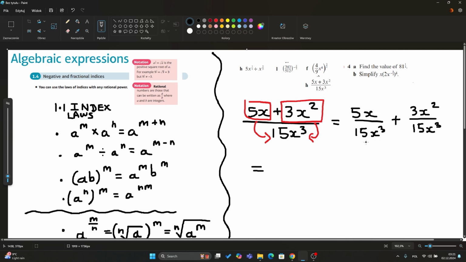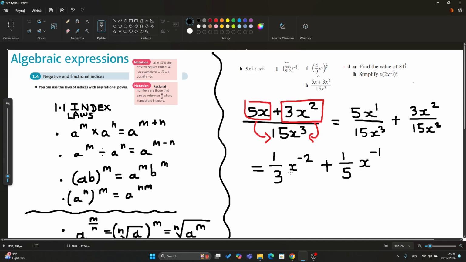So 5x over 15x cubed, so 5/15 is 1/3, and x to the power of 1 minus 3 is going to be minus 2, so x to the minus 2. Now we add 3/15, so that's 1/5, and 2 minus 3 is minus 1.